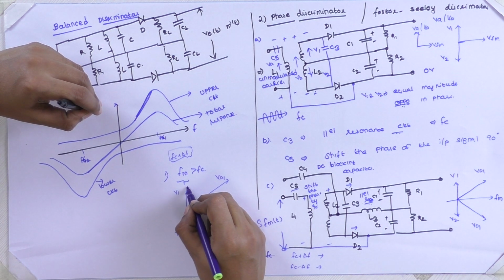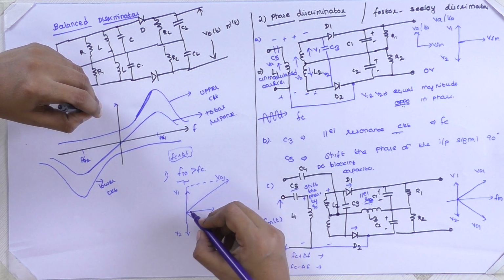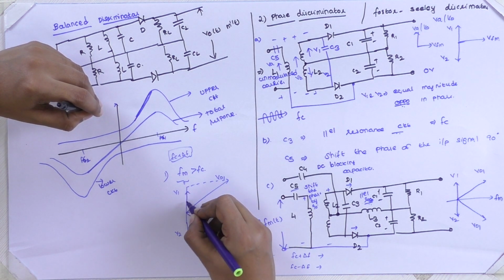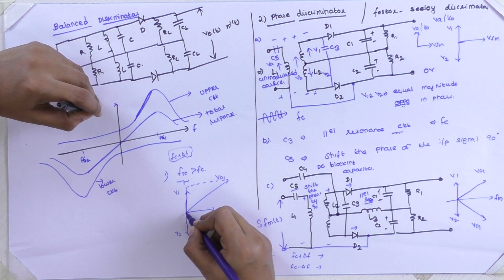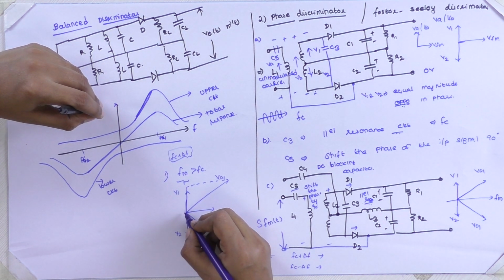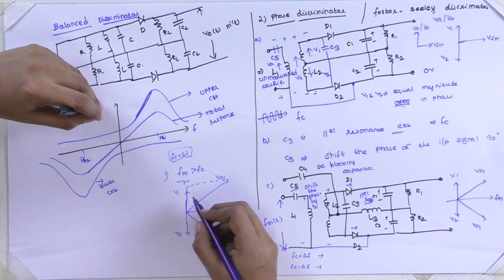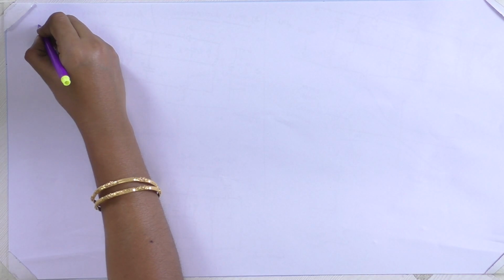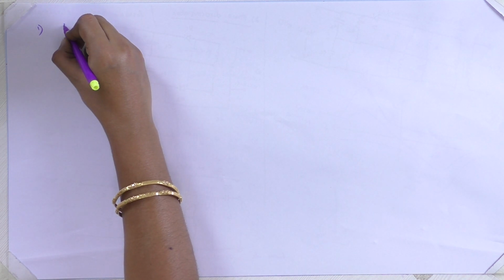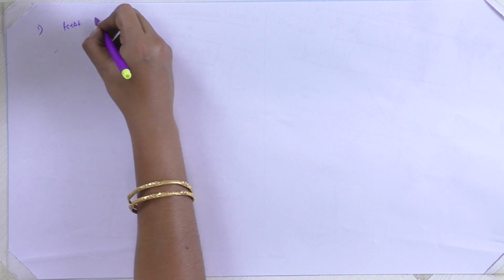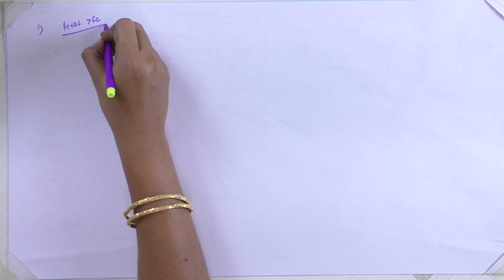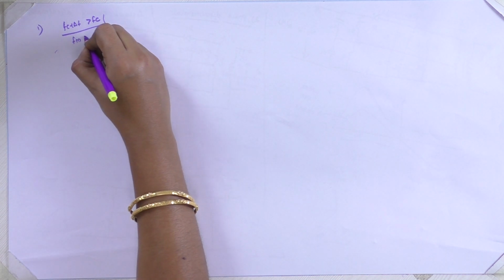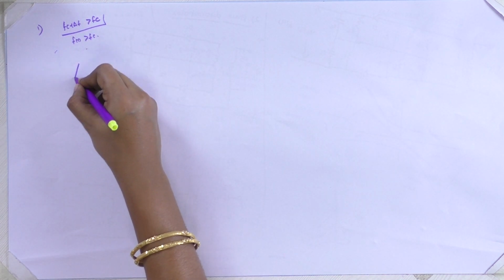Therefore, this is our VD2, this is our VD1. What will be the resultant phasor vector? VD2 also will shift in this direction. Now, we'll redraw this diagram again. When our input frequency changes, that is, if FC plus del F is greater than FC, in this condition FM is greater than FC. In this condition, what will be our phase?